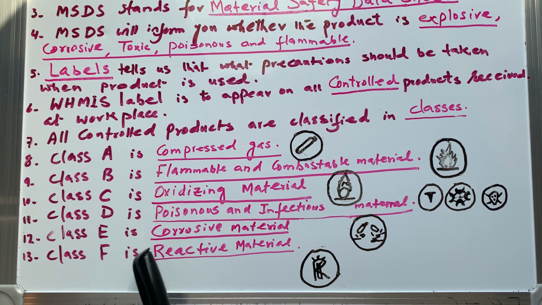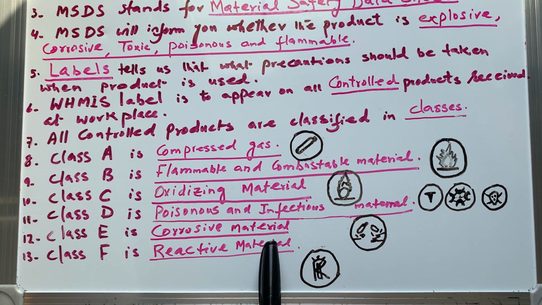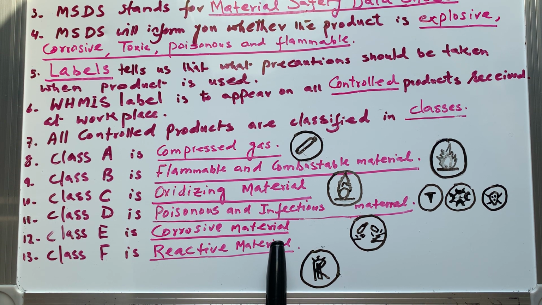And then we have class E, corrosive material. Then we have class F, that is reactive material. What is corrosive material? For example, caustic and acidic materials that can destroy the skin.